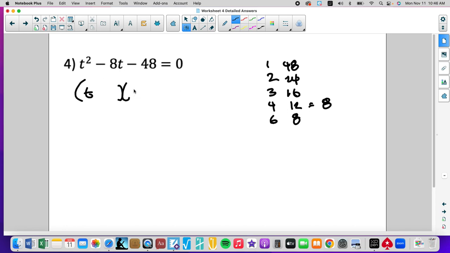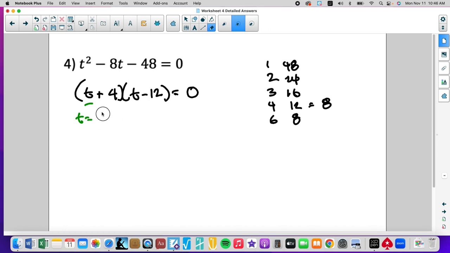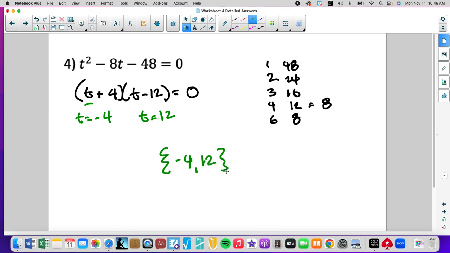So I have t and t, and I have 4 and 12, and I need it to equal a negative. So that's this. What value for t equals 0? t equals -4, and t equals 12. So my zeros are -4 and 12.